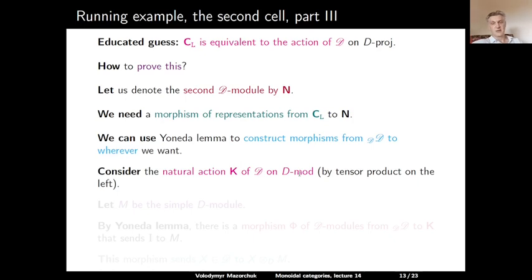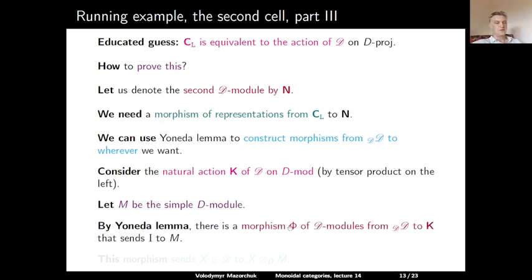The action is given by tensor product on the left, because D consists of certain bimodules over the dual numbers. Let M be the simple module. By the Yoneda lemma, there is a morphism phi from the left regular D-module D to K, which sends the identity object to M. So this morphism sends the object X in D to X tensor over D with M.